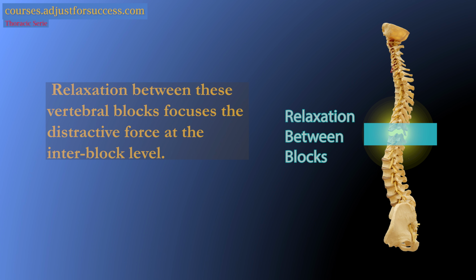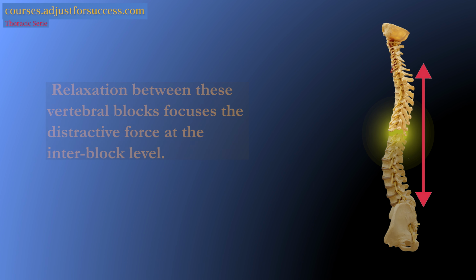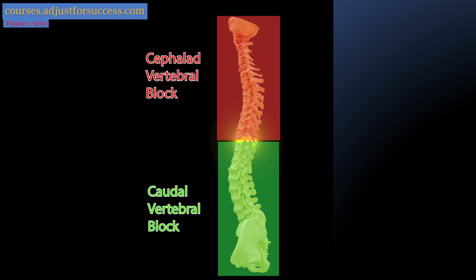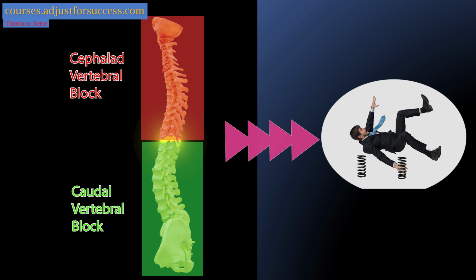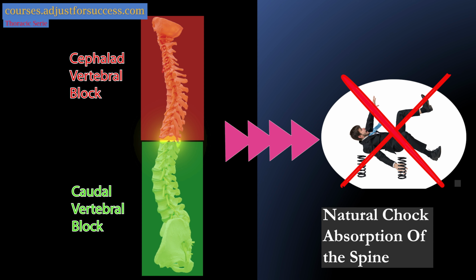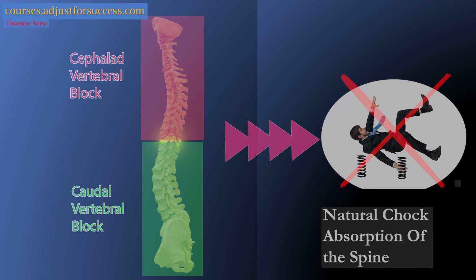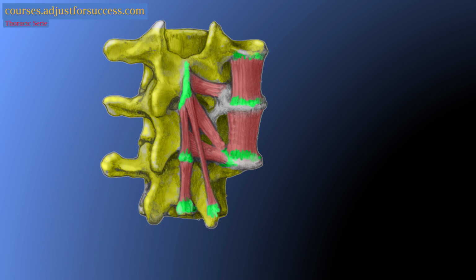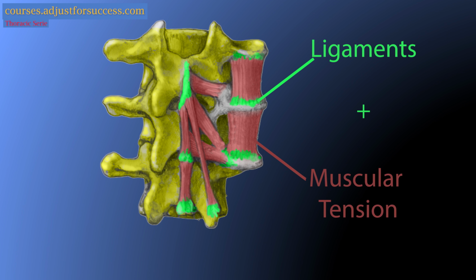Relaxation between those two vertebral blocks focuses the distractive force at the interblock level. By creating a vertebral block, you eliminate the natural shock absorption of the spine. Vertebral blocks are built by creating arcs of tension via the ligaments and muscular tensioning.